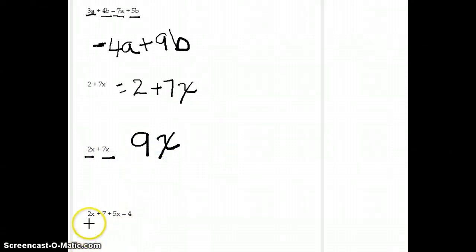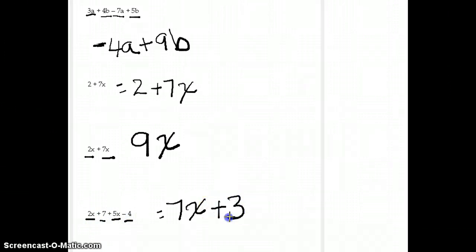Let's go back here. 2x, 7, 5x, and negative 4. So I see again that I've got some things that are the same. I'm going to underline the 2x. Going to underline the 5x. That's going to give me 7x. Going to underline the 7 minus 4. That's going to give me 3.